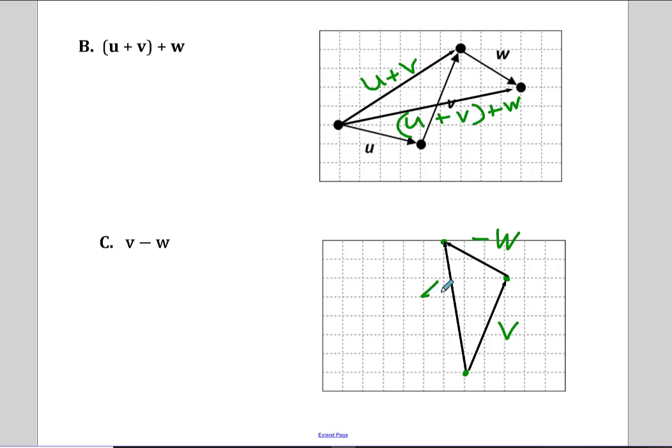That was wrong. So v minus w, our arrowhead's up here. V minus w, because v started and then the initial part of w going in the opposite direction of w, since w is supposed to go that way. Now we're going the opposite way. Go back to the initial and go across to the terminal.